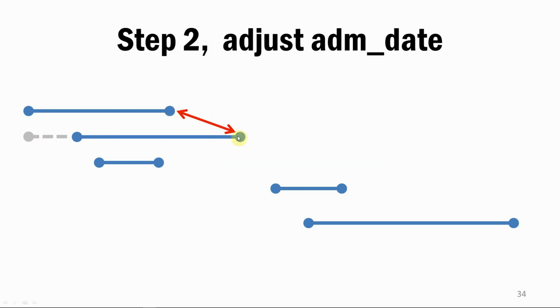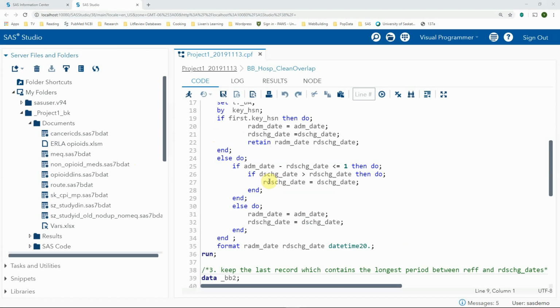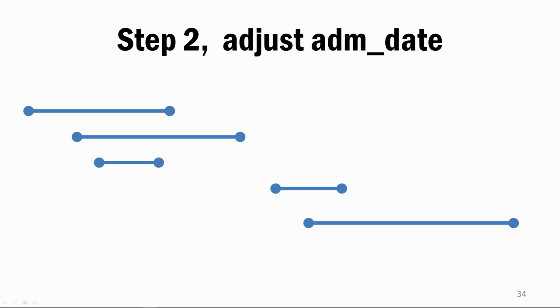So for the second record, what happened here is that because this one is longer, I'm going to use this one as the revised or retained discharge date. And that's what you see here, right? If that date is longer, then I'm going to use this revised discharge date, and these lines are going to solve the problem for these records.